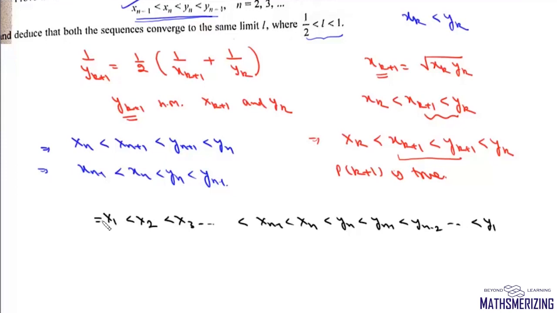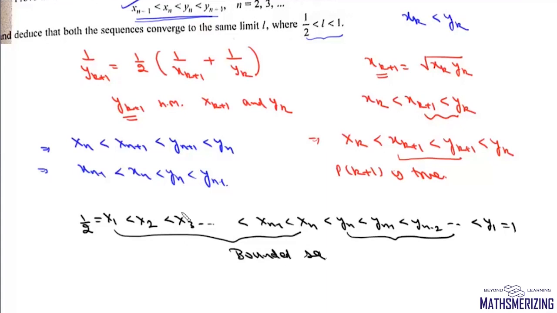Now the value of x1 is 1 by 2 and value of y1 is 1. So both the sequences xn and yn, they are bounded sequences. The sequence xn is bounded and it is monotonic increasing, whereas the sequence yn is bounded and it is monotonic decreasing.